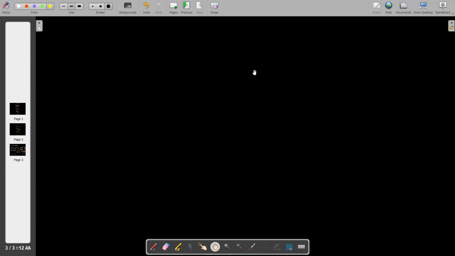Example 2. So this one's going to get just maybe a tiny bit more difficult. Tiny bit. 5x plus y minus 2z equals 8.